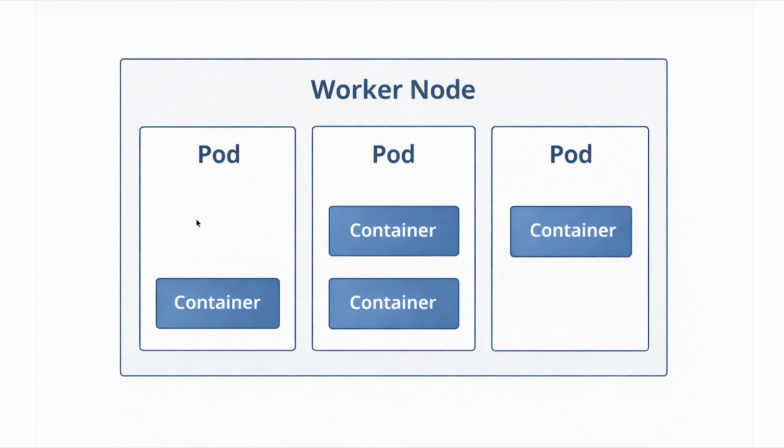Each pod contains one or more containers. Some pods run a single container while others run multiple containers. Even though the number of containers can vary, the rule stays the same. Containers always live inside a pod and pods always run on a worker node. Kubernetes manages pods and pods manage containers.